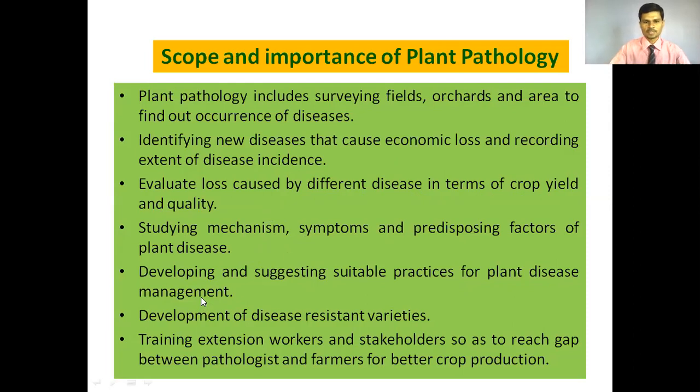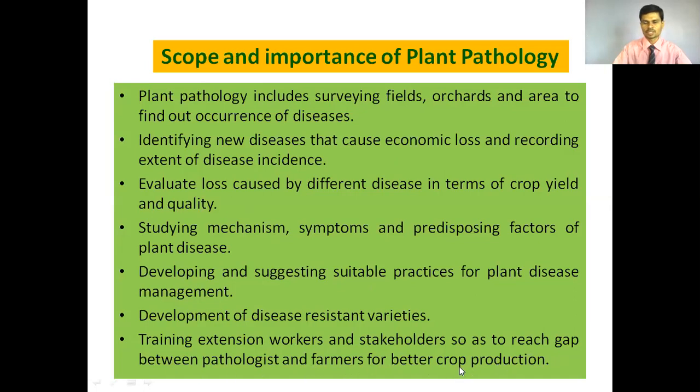Plant pathology also involves developing and suggesting suitable practices for plant disease management. If we study plant pathology, we will have the capacity to develop and suggest suitable practices to control plant diseases. Then development of disease resistant varieties: with proper knowledge of plant pathology and breeding, we can develop disease resistant varieties. Training extension workers and stakeholders bridges the gap between pathologists and farmers.